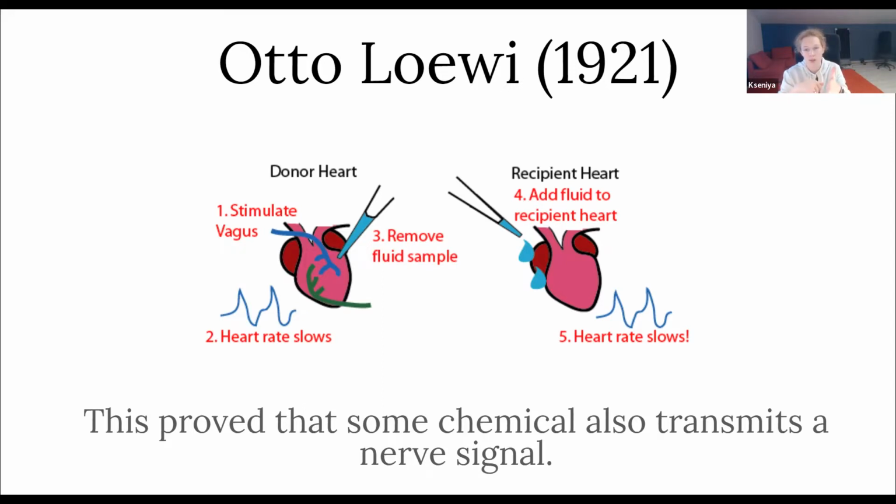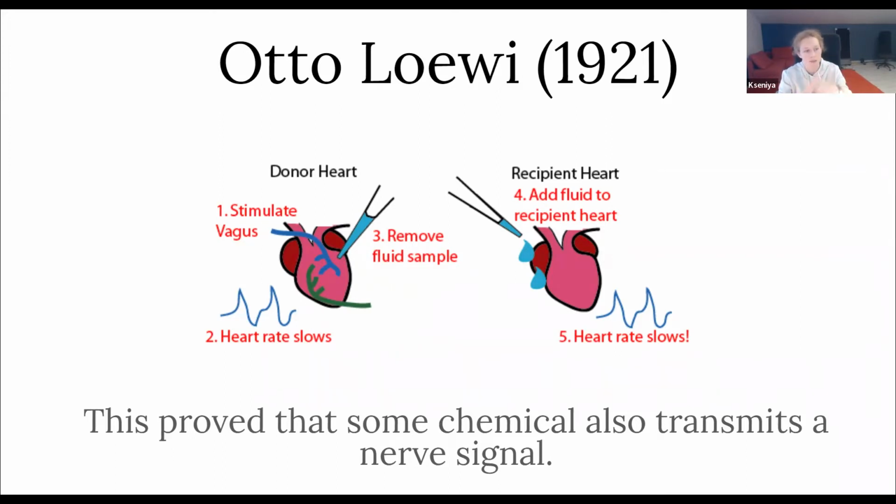First, Loewi stimulated the first heart with a nerve, and it began to beat more slowly. Then he took a solution from this heart and poured it over the second heart, and the second heart also began to beat more slowly. So this proved that there is some chemical substance that also transmits a neural signal.